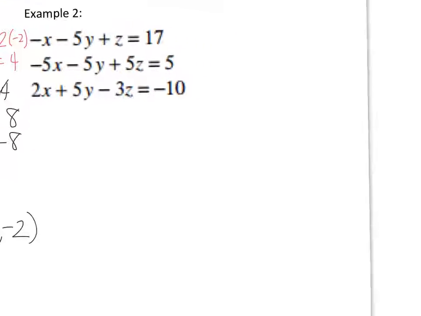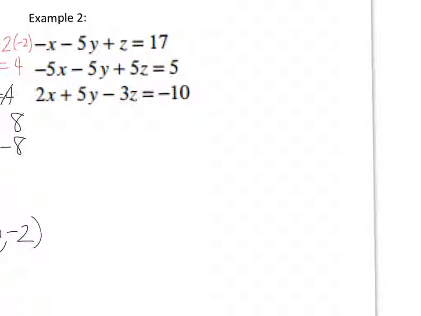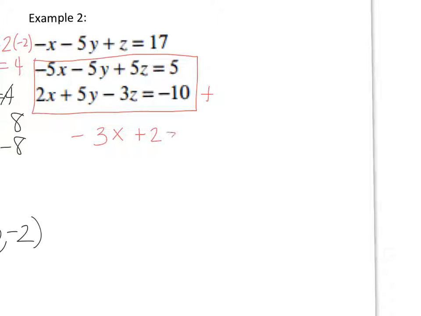So let's look at this next one here. We have three equations and three different variables again. I'm going to box these bottom two in, and I'm going to eliminate the y's. If I add these two equations together, I'm going to get negative 3x plus 2z equals negative 5.